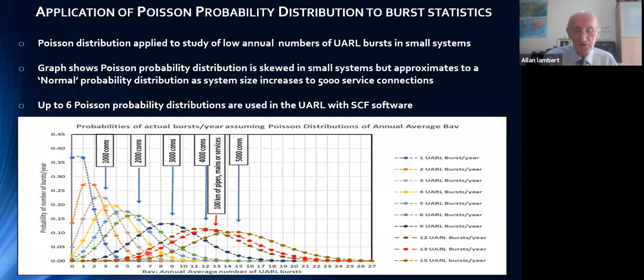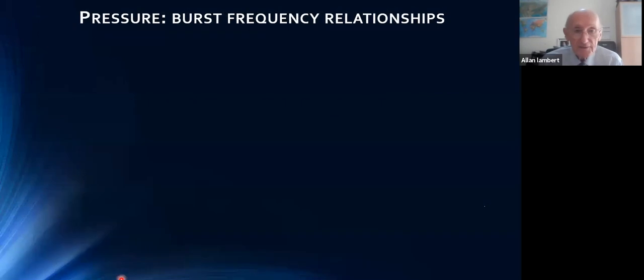And the median for this type of distribution, which is the figure which is exceeded in half of the years, becomes a better measure of the probability of burst in a single year. And the median of a positively skewed distribution like this one is less than the average when you have small numbers of bursts. Next one, please, Kate.